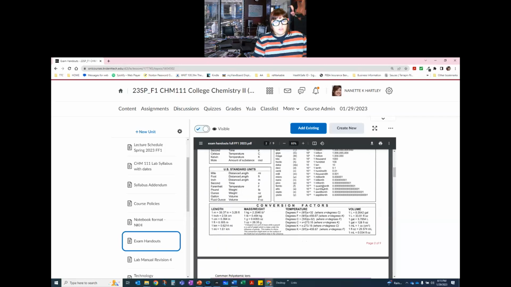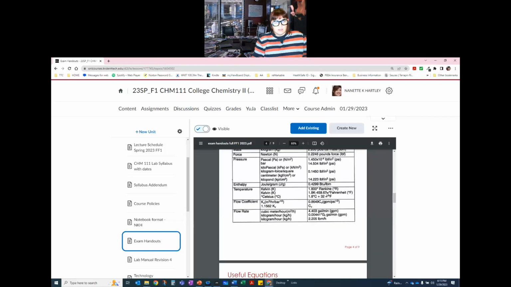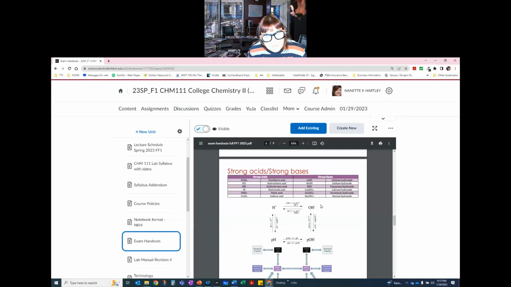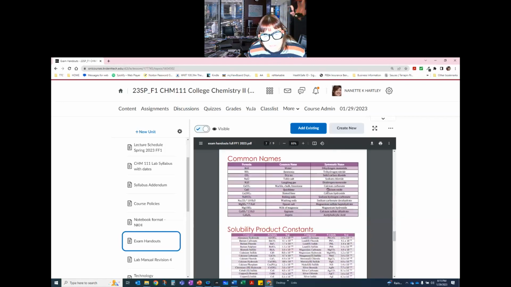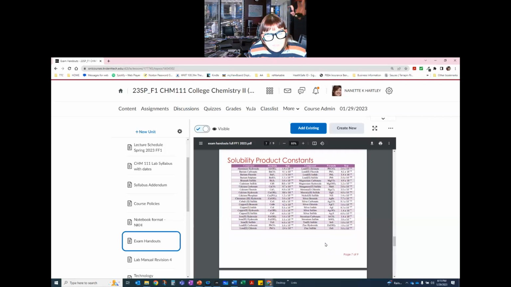So I'm going to look and see if I can find it in any interesting places. And a couple places that I can check. I can check my solubility rules to see if it's here in my solubility product constants. I don't see it there.